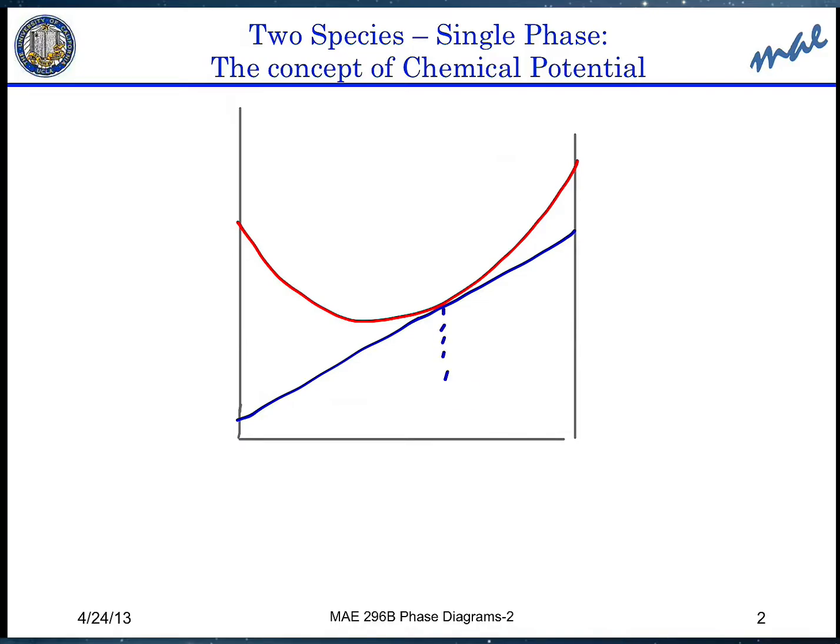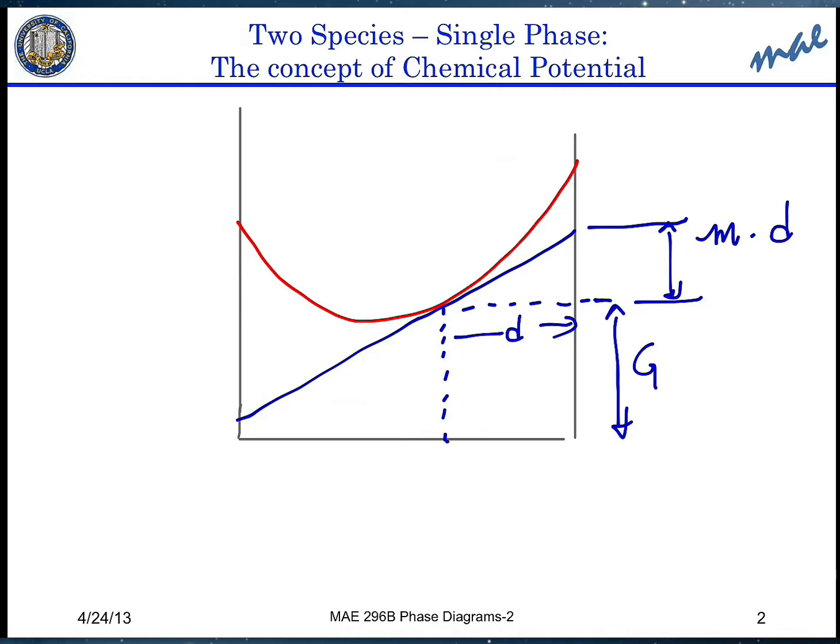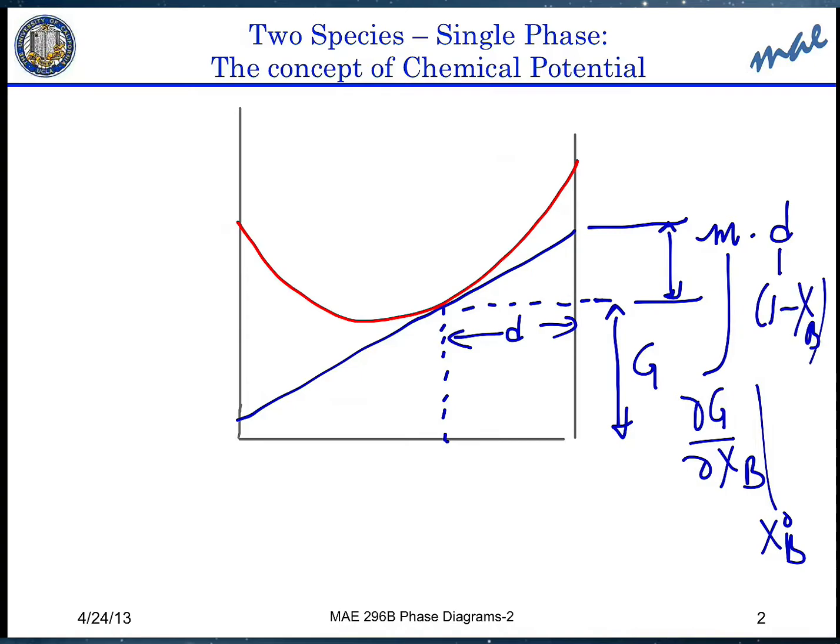If you look at this height here, from here to here is the g, and this height from here to here is the slope times the distance. The slope is dg by dxb at xb0, and the distance is basically 1 minus xb, because from here to here is x sub b.